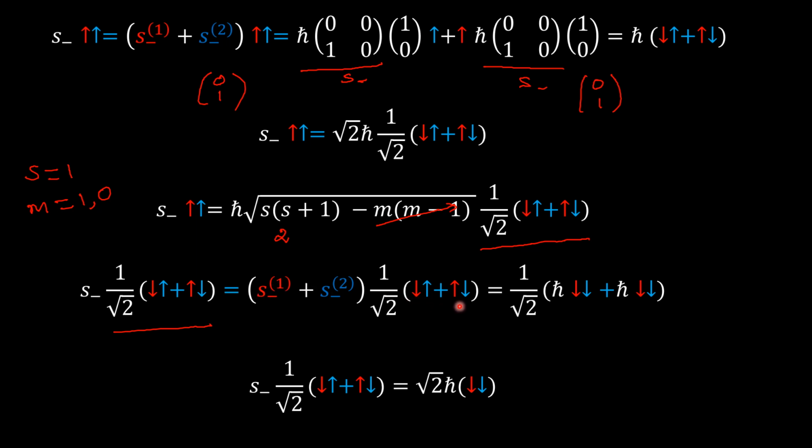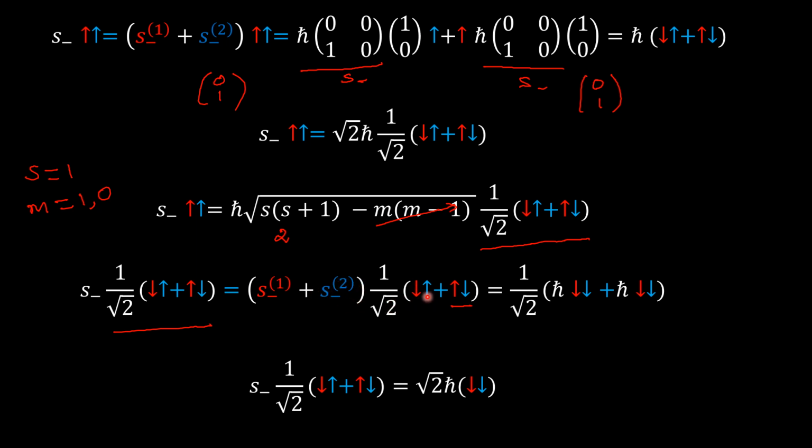Then if it acts on the second combination, then it will come to spin down, with eigenvalue h cross. So here I will have red down and blue also down. And then let the S minus lowering operator for the proton act on it.